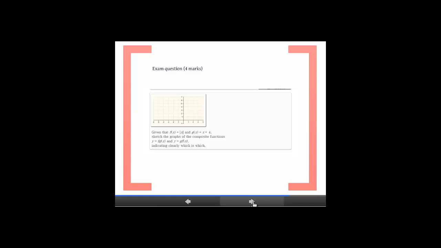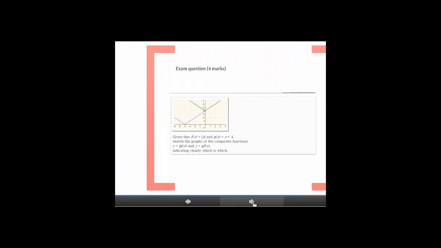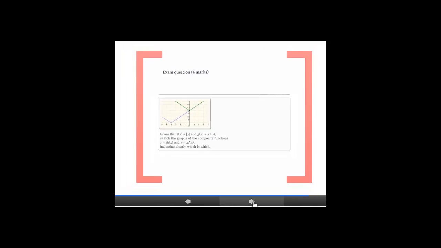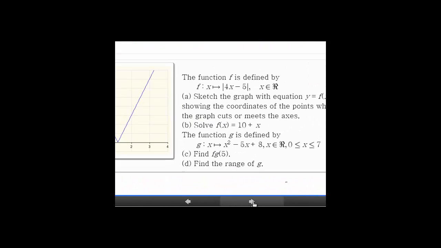Okay, have a quick go at this question. The answers are on the following slides. So pause it, have a go, and then have a look at the answer to check. Now try this one.